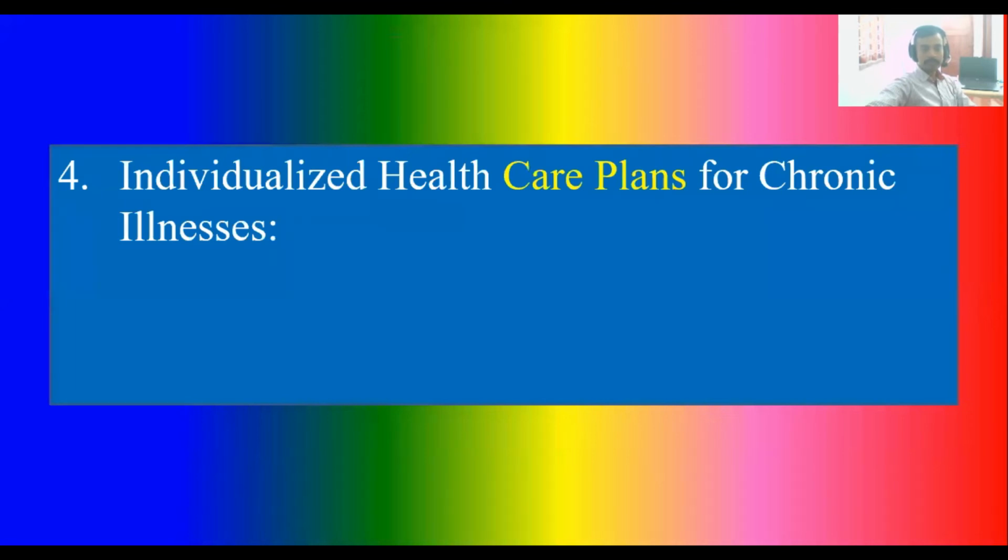Fourth one, individualized healthcare plan for chronic illness. Students, the above three points concern only our professionalism: how important individualization is for individual professional nurses and for displaying their confidence. Here the fourth point is the clinical aspect. An individualized healthcare plan for chronic illness applies to these patients.